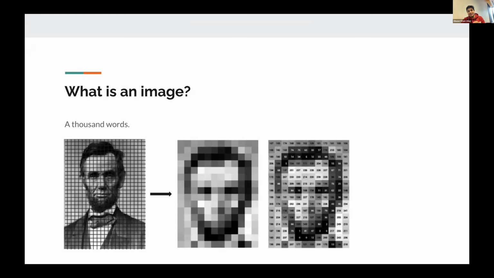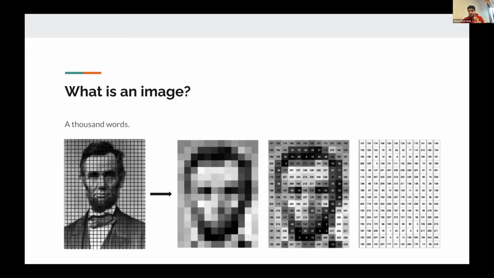Except it doesn't really see this blurred image either. It just really sees a matrix of numbers, and it interprets them as being this image, right? So what is an image? It's basically a matrix of some dimensions wherein each element of the matrix represents the pixel intensity at that point, right?